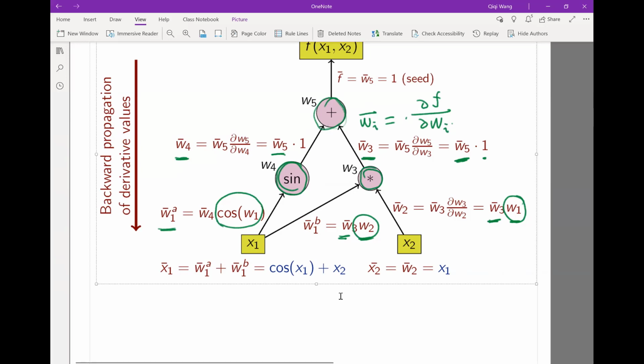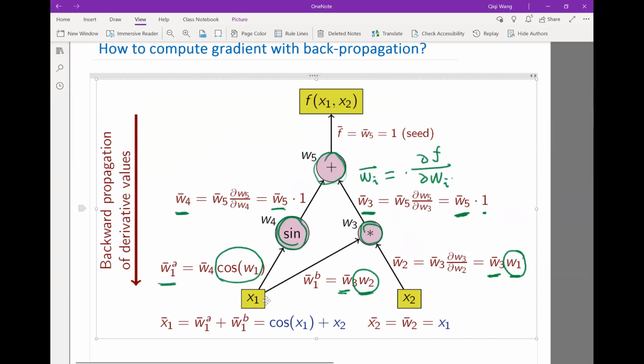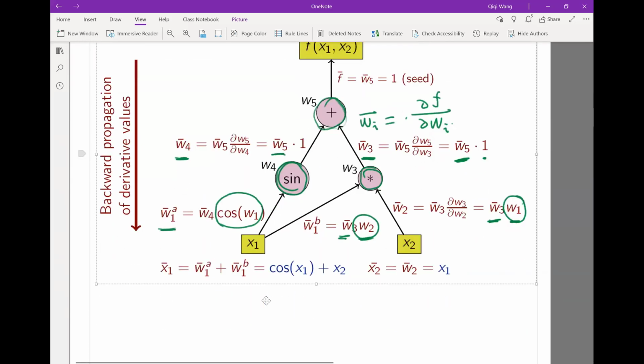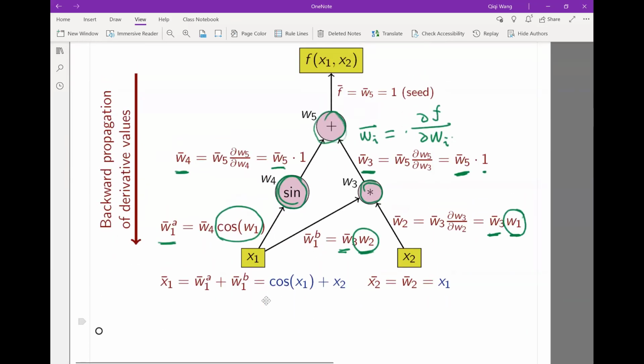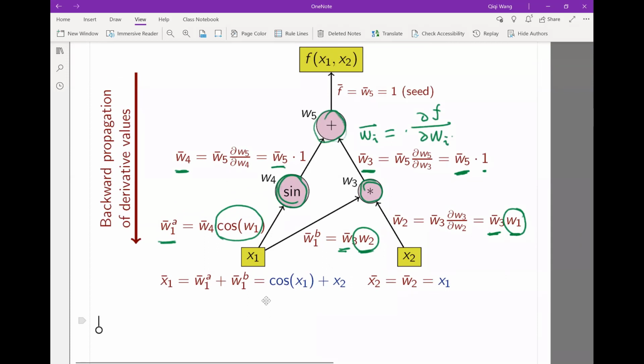And that is why backpropagation is really the ideal algorithm to use when you have many inputs, which is the case for many machine learning applications.